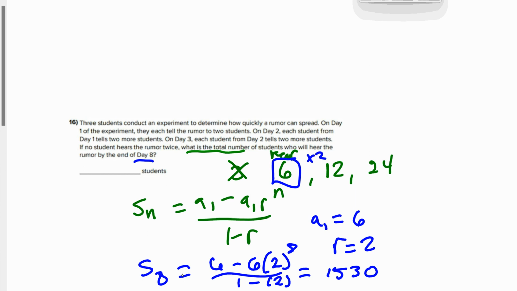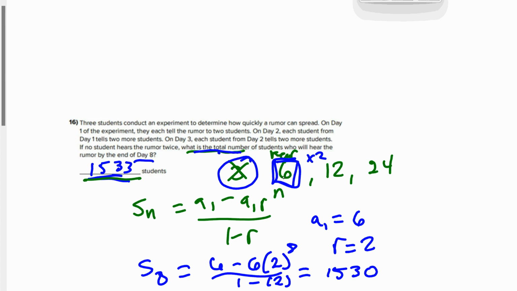Okay, and then I think in the answer key it's actually 1533. So what they do is they just add these three back in. Okay, so if you have any questions about reading this problem, doing it, you can come to my desk and ask me, right? But they asked the total number of students who hear the rumor, so that's why we started out here as 6. But they should have asked for maybe total number of people that know the rumor, I would think that would be better wording, would be 1533.